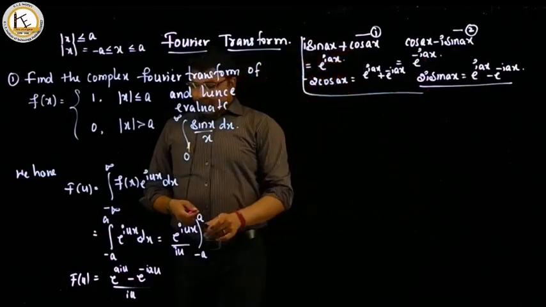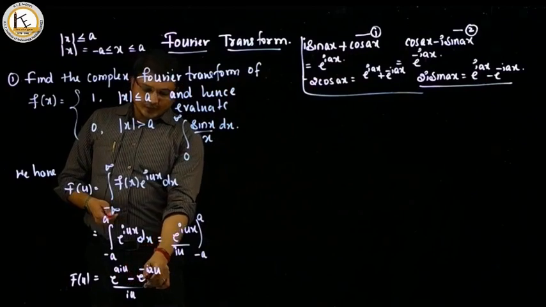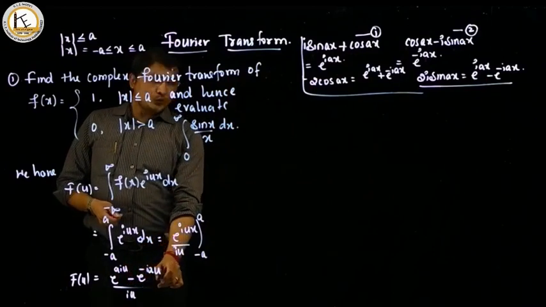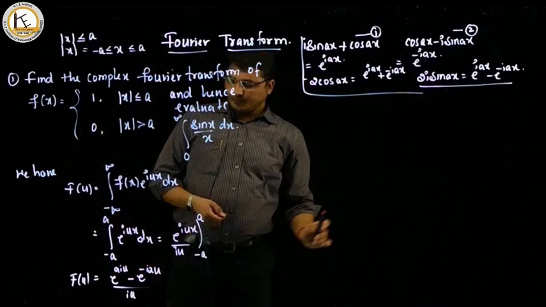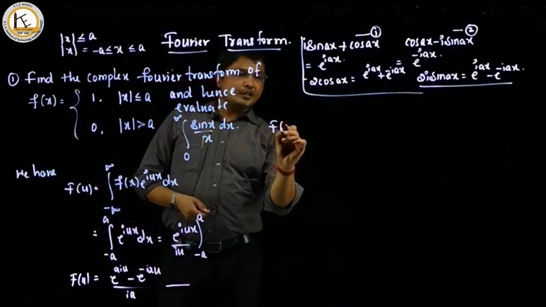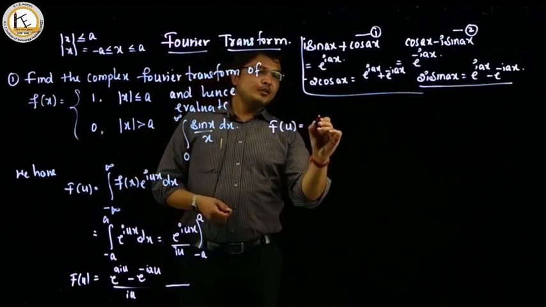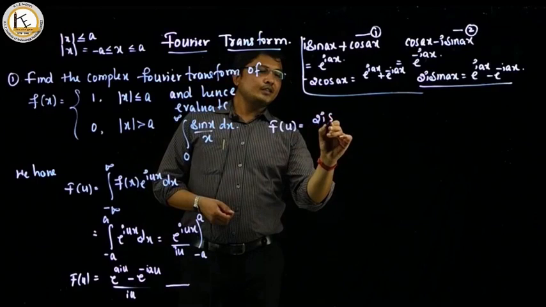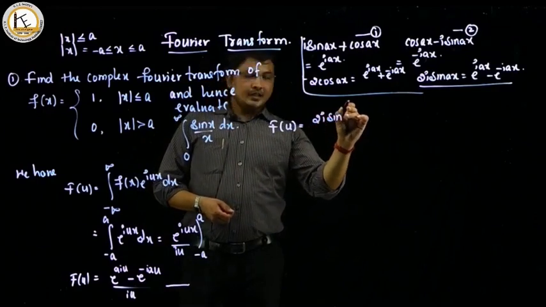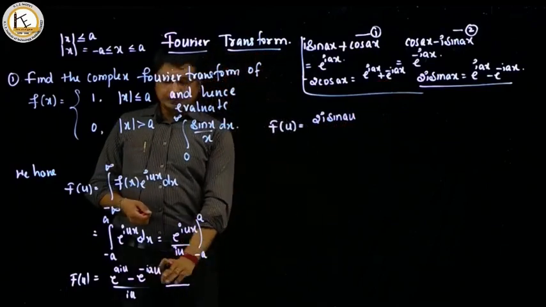So I am replacing this e raised to iau minus e raised to minus iau, comparing with this equation, f of u becomes 2i sine au. Here we have x, but here we have u.